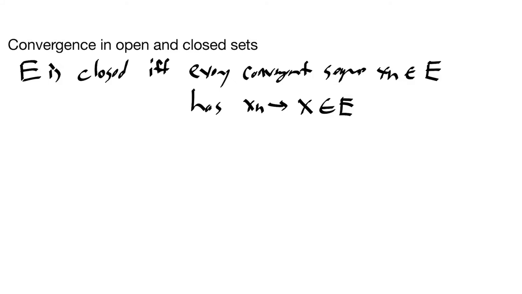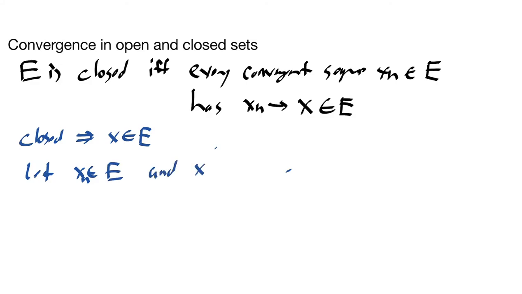Okay, so let's start with this part of my implication. Closed implies that x is an element of E. Let's sketch out the idea of the proof. Let the x_n's be in E, and x be an element of E complement. But then what do you know?